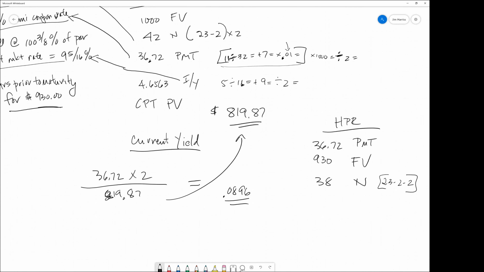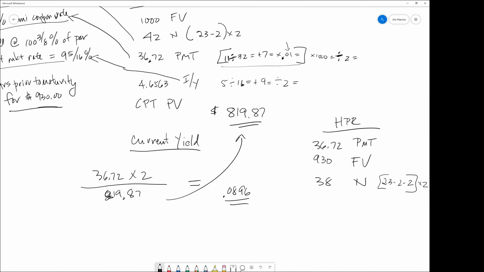You're going to lose 2. You're buying a bond that's 2 years old. So on a 23, you're only getting 21 years, but you're selling it 2 years earlier. So you're really only getting a bond that's 19 years. And then you multiply that times 2. So your holding period is really 38 periods, or 19 years, because you're losing 2 years on the front end, and you're losing 2 on the back side.